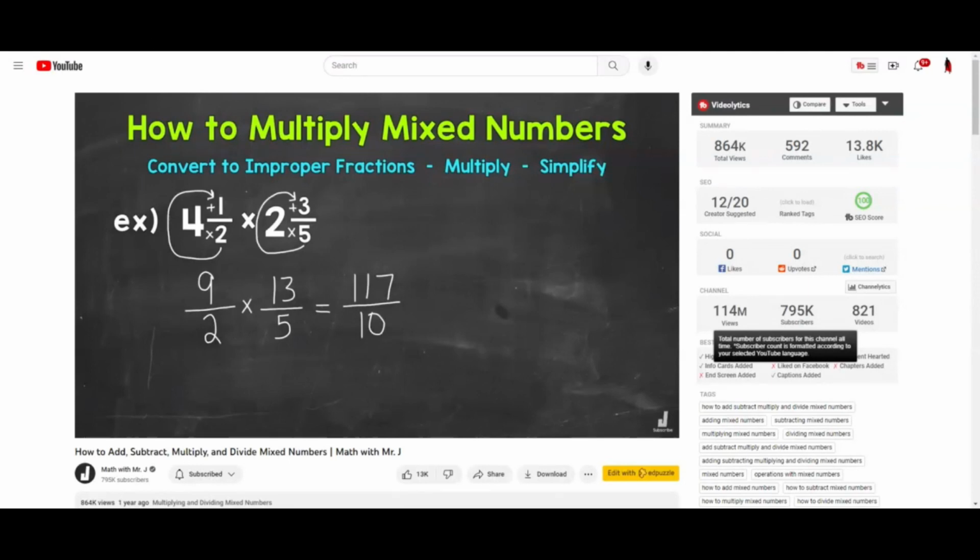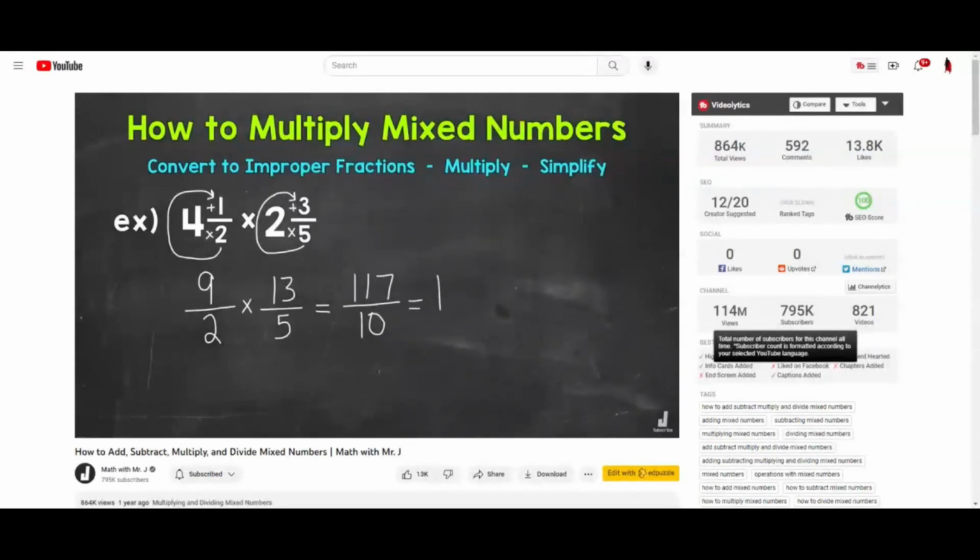Now let's convert that to a mixed number. We do that by dividing our numerator, 117, by 10. Now we can either do this using mental math or writing out the division problem to the side. I'll do both here. So 117 divided by 10, how many whole groups of 10 can we pull out of 117?